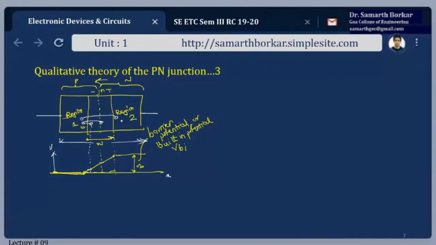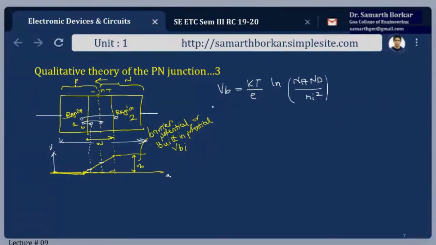Similarly, the electron will require 0.7 volt to reach this position. So the expression is given as VB equals kT by e natural log of Na Nd by ni square. In the second half of this lecture, we are going to derive this.